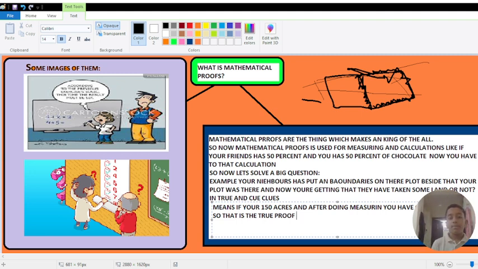And after taking one true proof, then we will find the clue. To find the clue, we will do the calculation, meaning the boundary calculations.